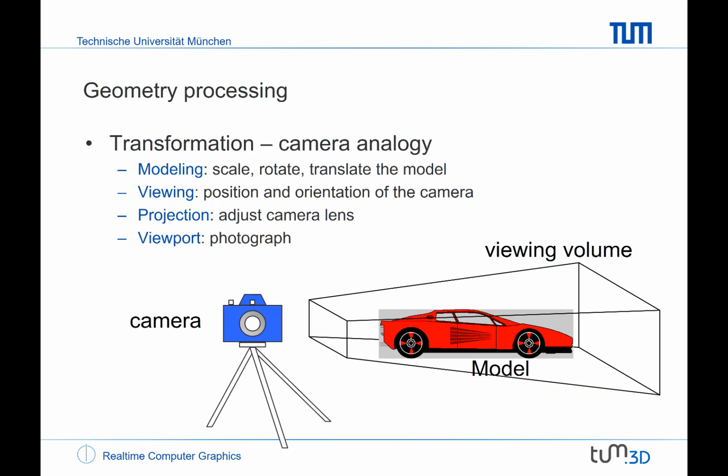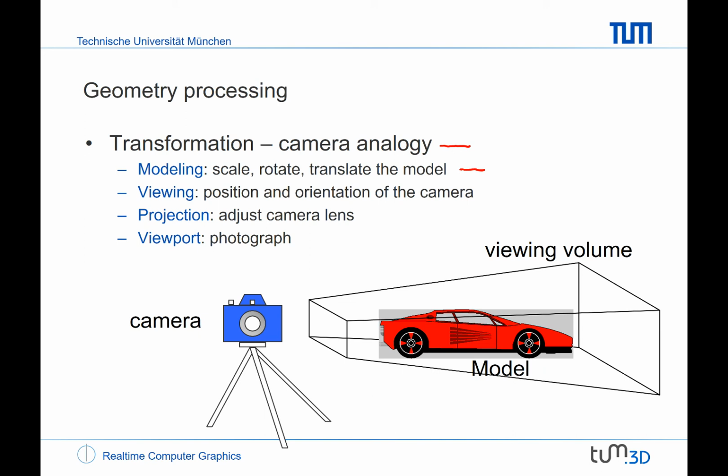So, when looking at the transformations that have to be applied in the geometry processing stage, we typically use the so-called camera analogy, which says, okay, what do we do in the real world if we want to take an image of an object in that real world? And first of all, we do what we call modeling. So we place the object at some location, we orient it so that we look at the object from the right side, so to say.